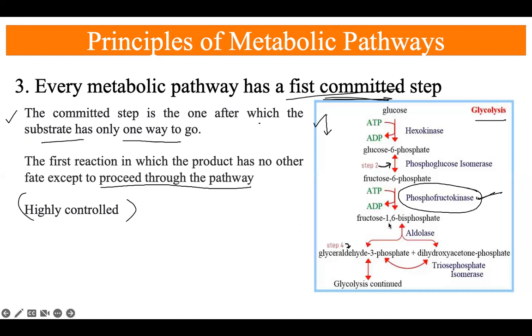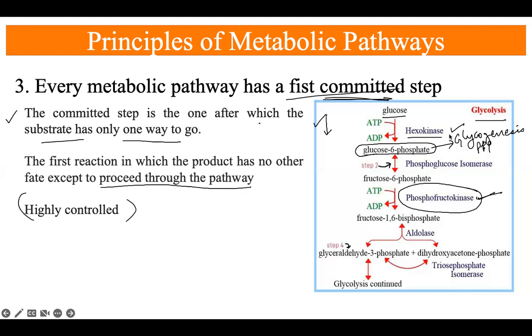Now, many of you might be thinking that why the first reaction, that is catalyzed by hexokinase, is not the committed step, because it is also irreversible. So the reason is that after glucose is converted by hexokinase into glucose 6-phosphate, this glucose 6-phosphate also has the tendency to move into other pathways like glycogenesis and the pentose phosphate pathway, that is the HMP shunt.